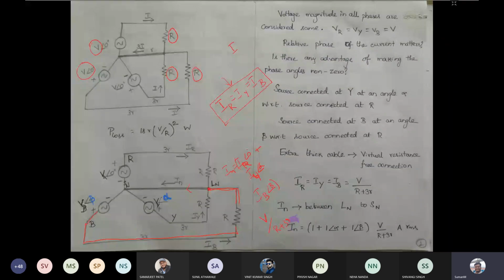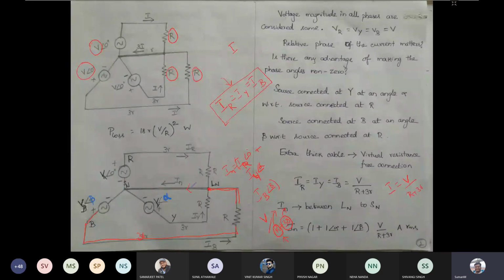What is this R? This R is the load resistance and this R is the line resistance which connects the positive terminal to the load. So this is the load resistance and this is the cable resistance or line resistance. So I of any phase can be given by voltage divided by the total resistance of this particular line.